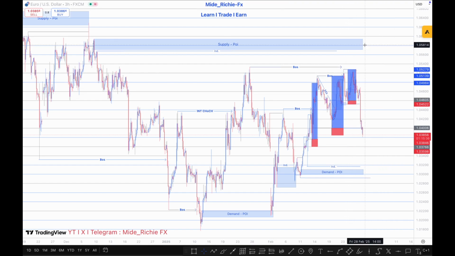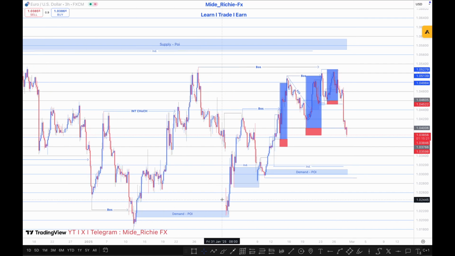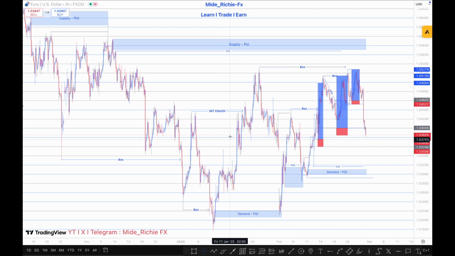So this is where I'm expecting price to come to. I'm just going to keep stacking in buys until the market gets to this point. That's how I get the directional bias, which is bullish, right? So how do I get this whole thing right here? Initially we had this internal change of character indicating that the market is bullish to mitigate this external supply.